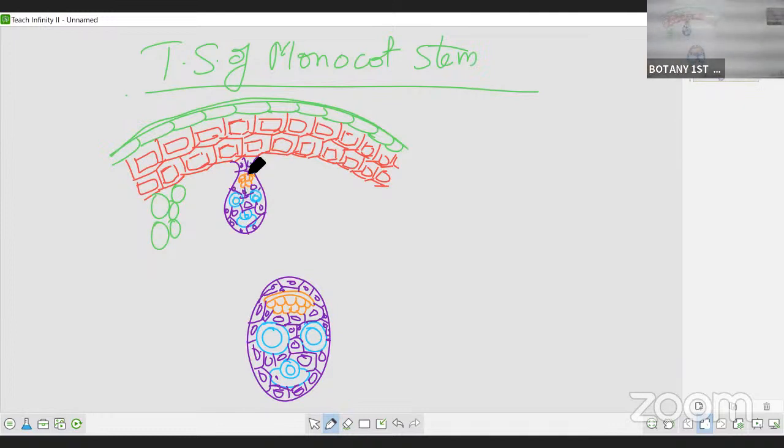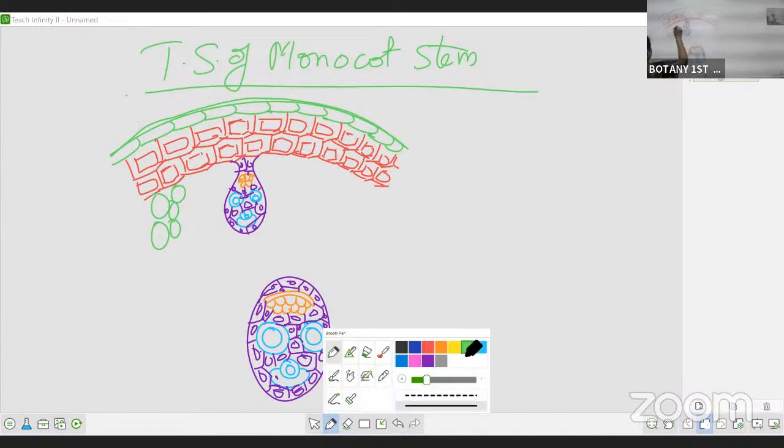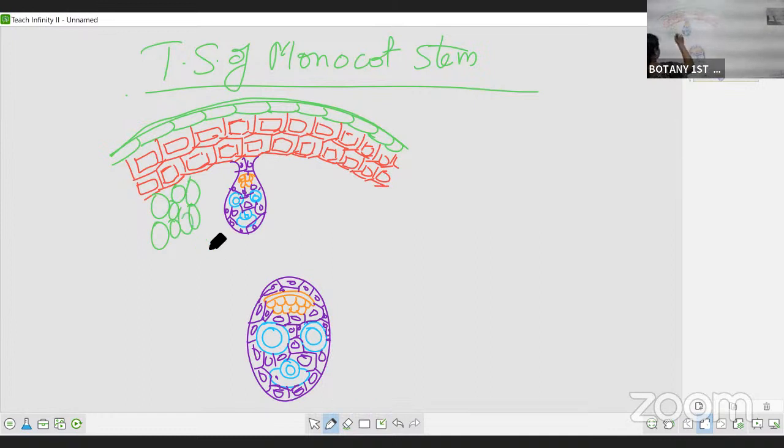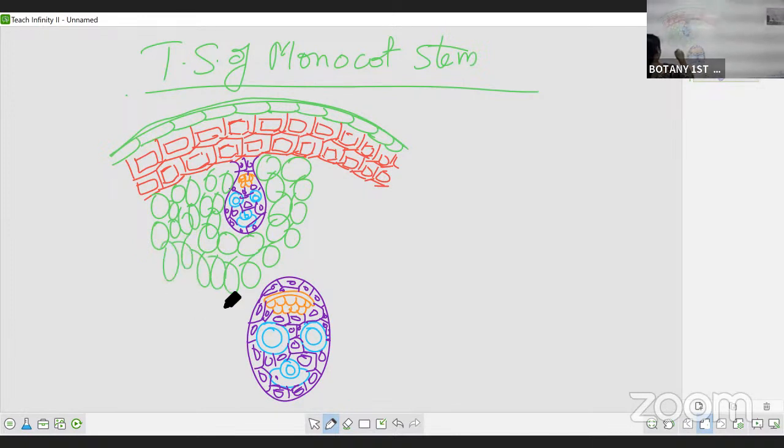And this entire part is now filled up with the simple parenchymatous chlorophyllous cells. Now, is this clear for you? And all are oval shaped cells, or spherical shaped cells.